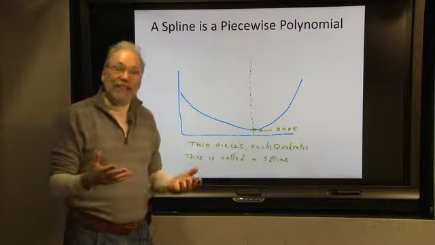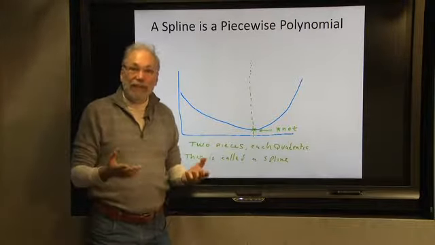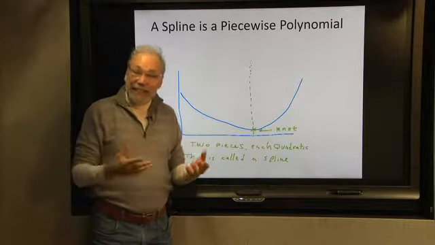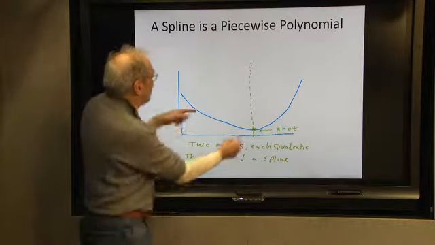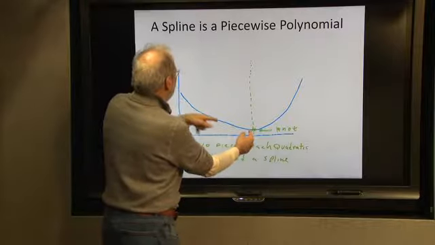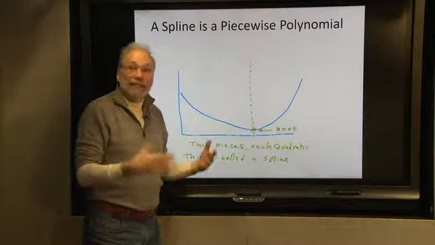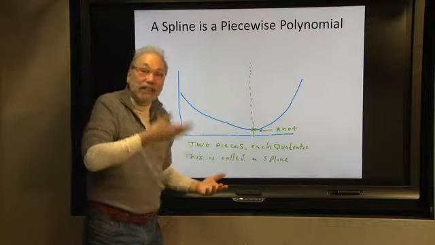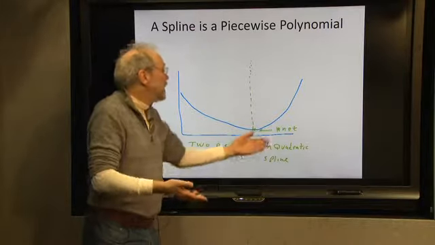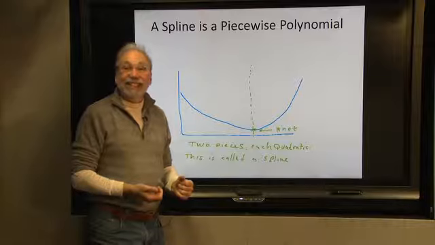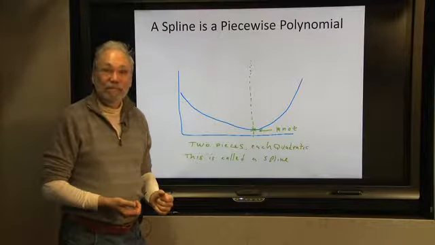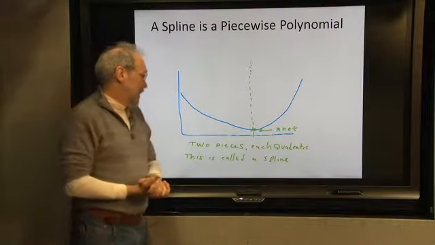And the reason you fit a separate polynomial in each piece is nothing more complicated than that the rate of increase in this piece and this piece need not be the same, and so you want to let there be different coefficients for the temperature terms in each side.